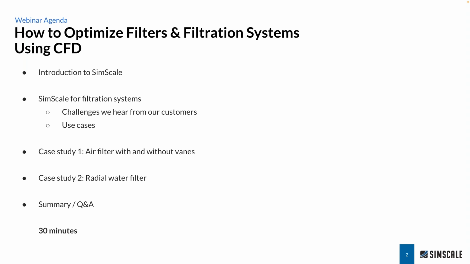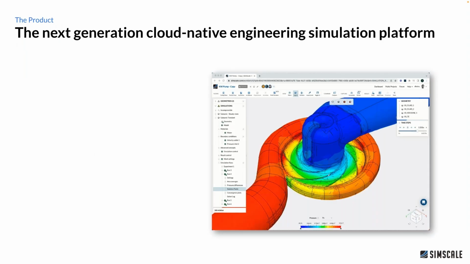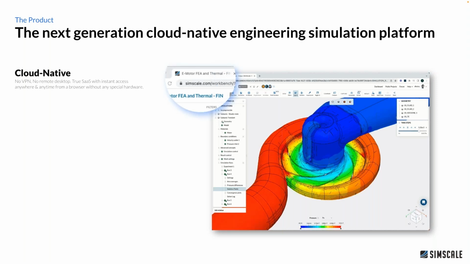Great. Before jumping into the main part here, let's quickly describe how SimScale works and how it is different from the available on-premise tools in the market. SimScale is a completely cloud-native simulation solution. It means that you don't need to install any software locally on your hardware.